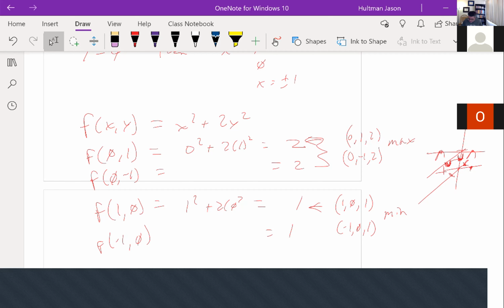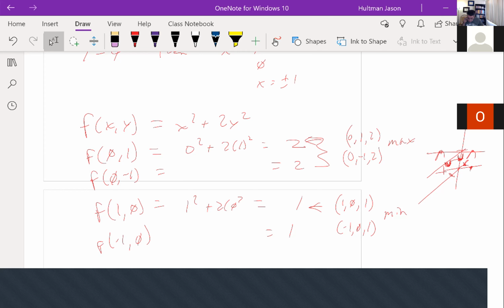Ooh, that's pretty. Plus 2y squared. Boom. Okay, so it's interesting.